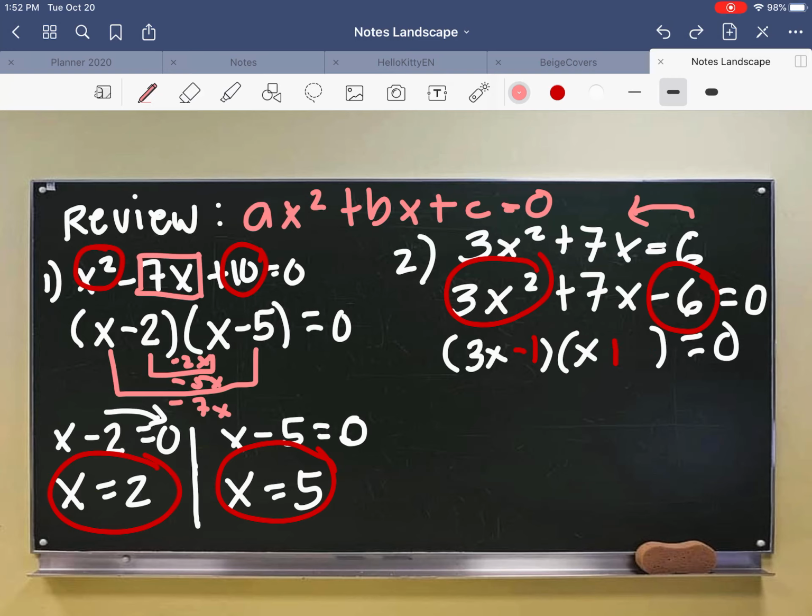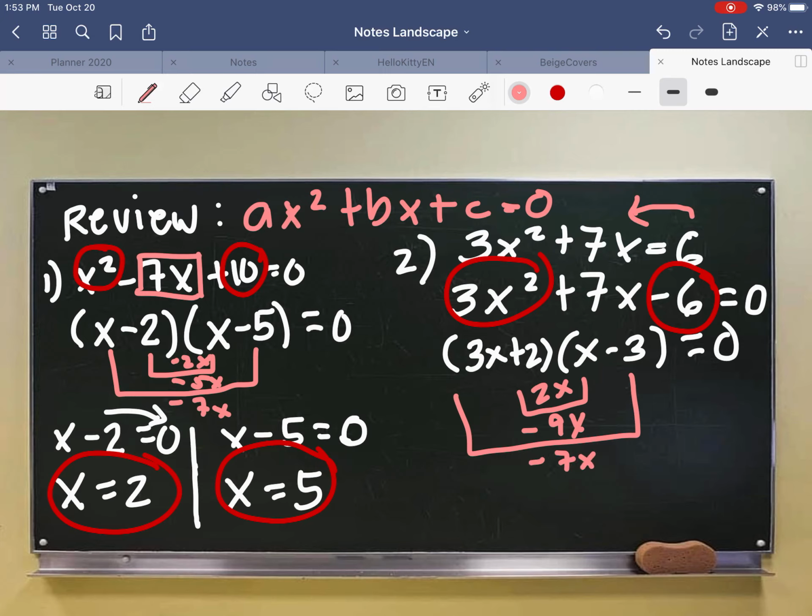Ano bang pwede? Halimbawa, positive 2, negative 3. Okay, so ito yung gagamitin natin. This is now 2x. This is now negative 9x. Pagka inad natin to, negative 7x.